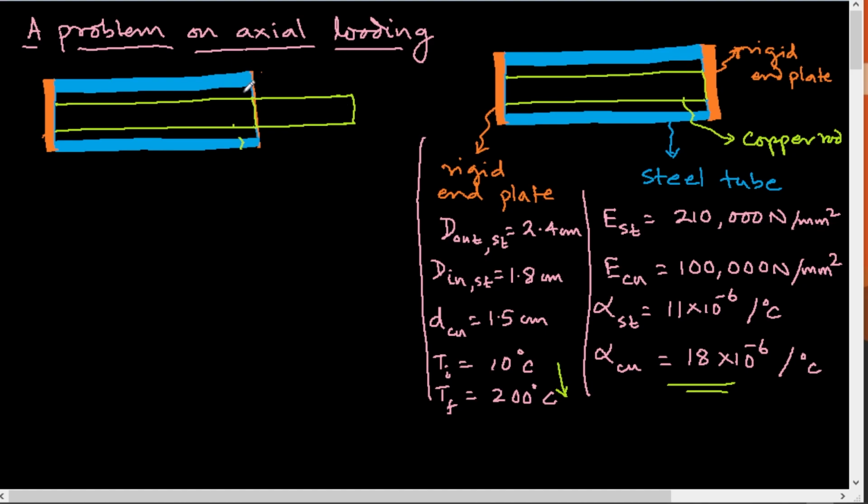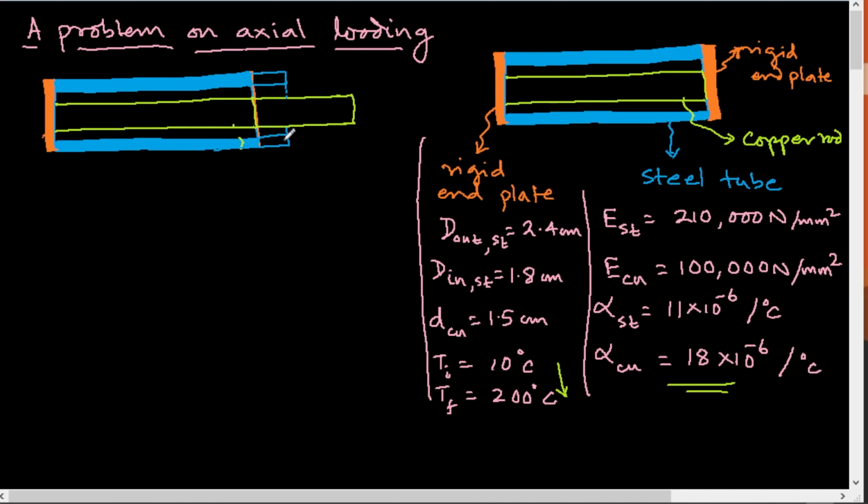And at the same time, because the temperature is anyway increasing, the steel also would have extended say up to this point, maybe a little bit less, but yeah, it would have come up to this point.